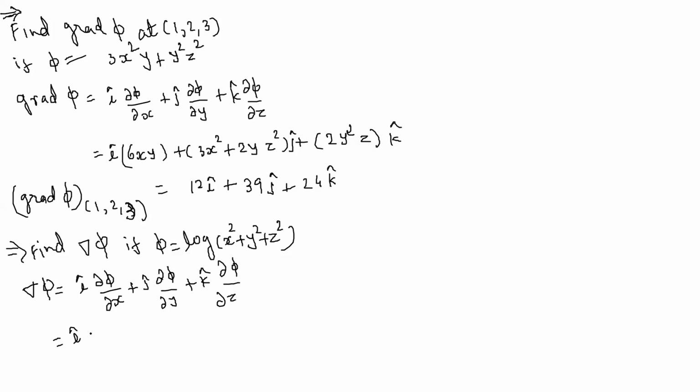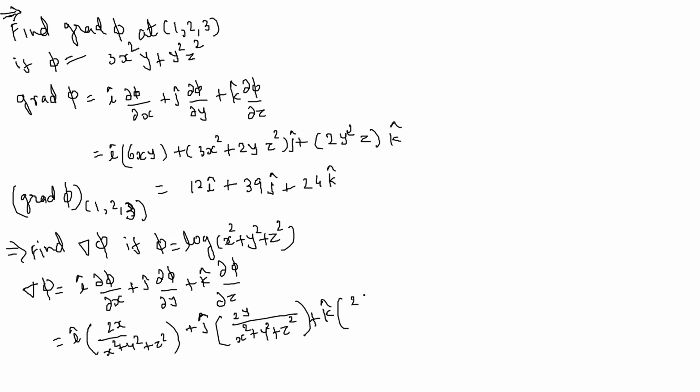Yes, ma'am. i 2x upon x square plus y square plus z square, j 2y upon x square plus y square plus z square, k 2z upon x square plus y square plus z square.